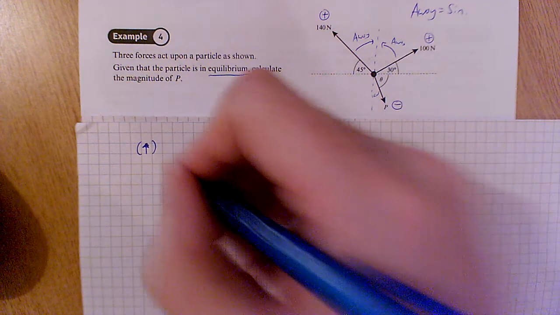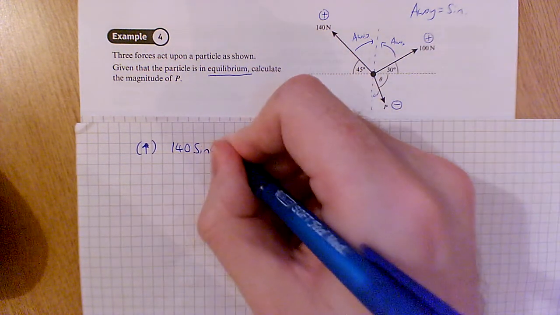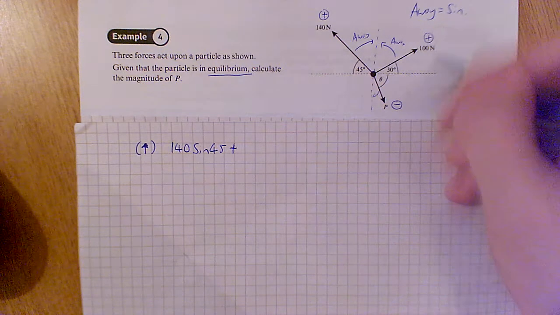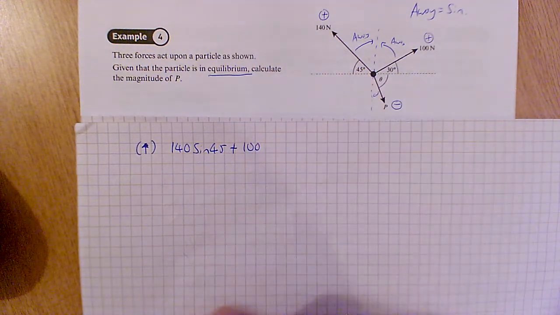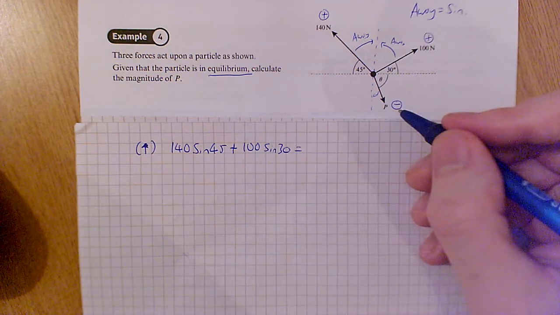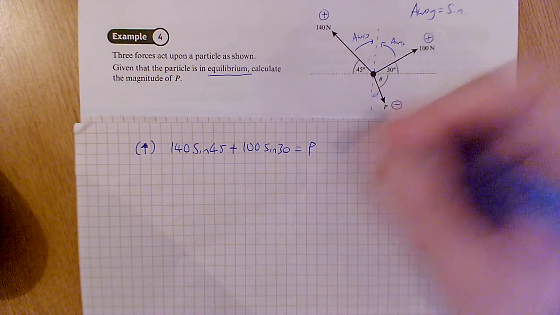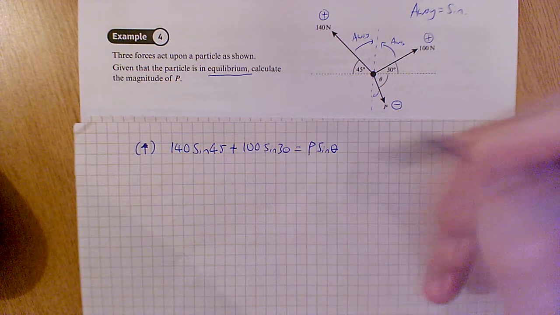So in the positive direction we've got 140 times sine of that angle, so sine 45, plus 100 times sine 30. We know that must be equal to P, and then it's theta's here, so we're going away from theta, so it's P sine theta.